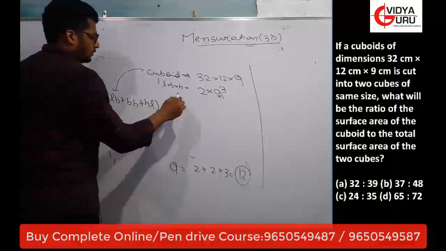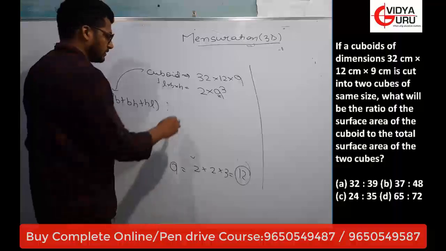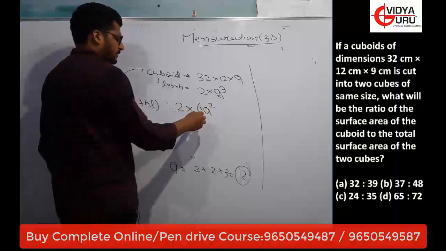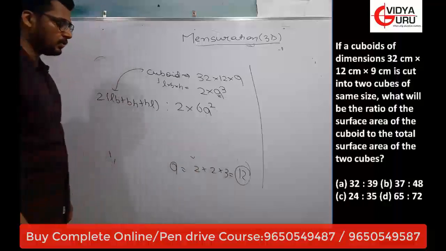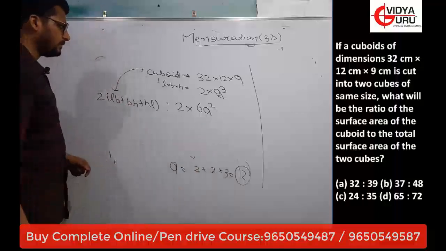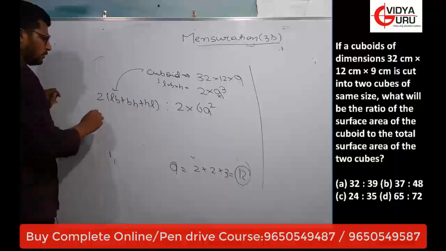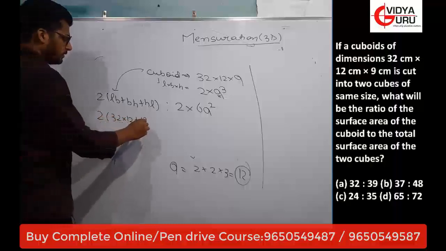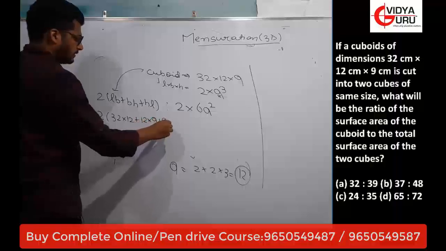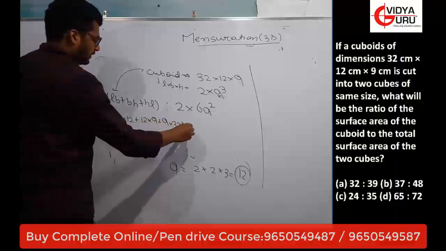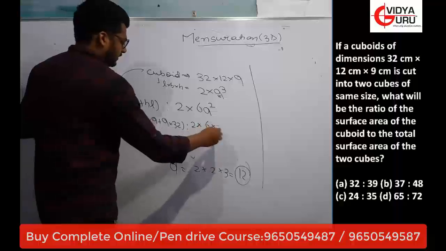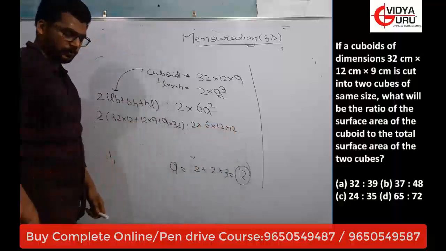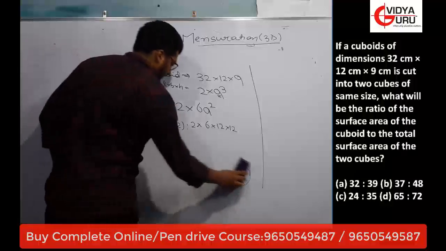For the 2 cubes, it is 2 into the total surface area of each cube, which is 6A square. We just need to put in values now: 2 into 32 into 12 plus 12 into 9 plus 9 into 32, and 2 into 6 into 12 into 12. We just need to solve it.